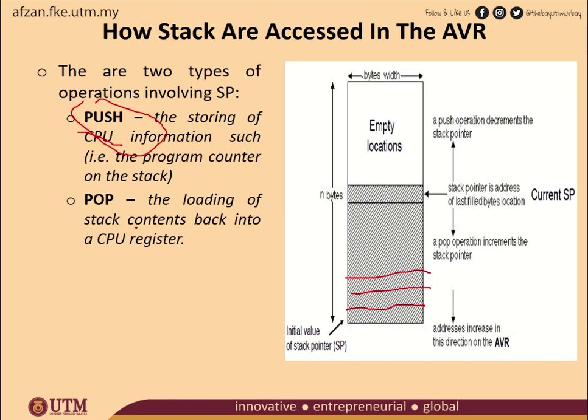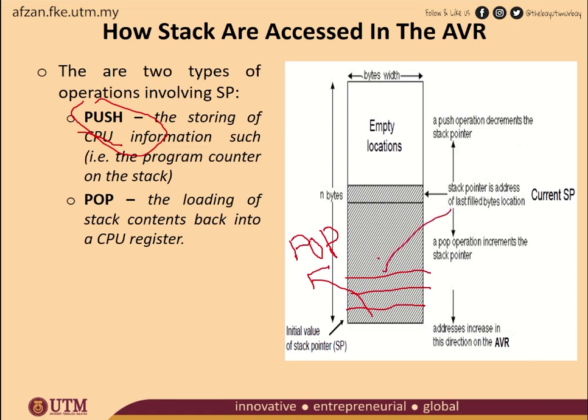Then when you want to take back that data from your stack, you need to use the pop instruction. The pop is the loading of stack content back to your CPU register.